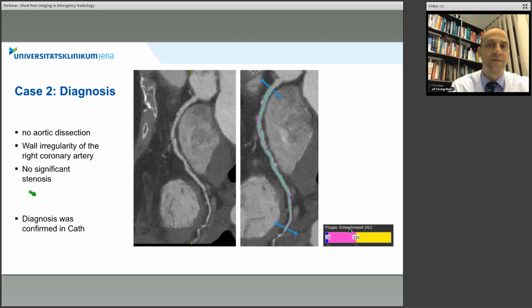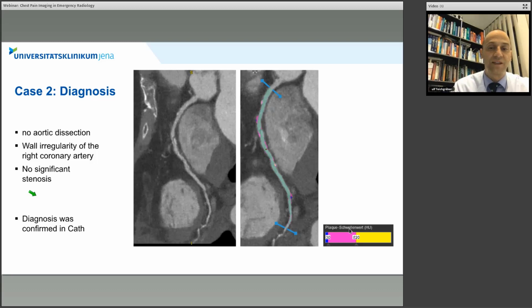By guidelines, you have to send them to the cath lab. But in our experience, I think in future it is no more necessary to do that from clinical praxis. By guidelines, yes, but by clinical praxis with this image quality, I think it's no more necessary to send them to the cath lab, because we can rely on these images also with a triple or so-called dual rule-out protocol.